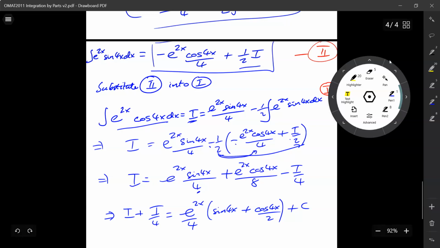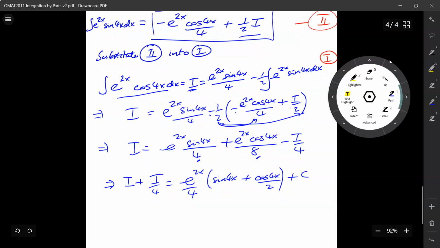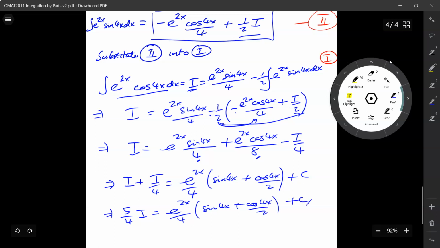I factored out a 4 from here and a 4 from there. That implies that 5 over 4 times I is exponential 2x over 4 times the sine 4x plus cosine 4x over 2 plus the constant of integration.